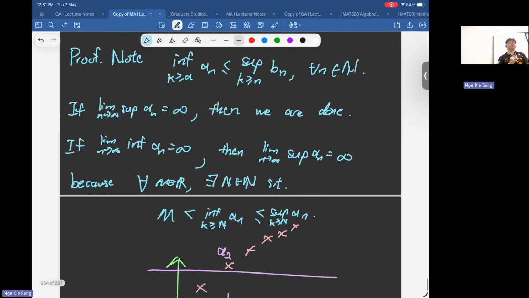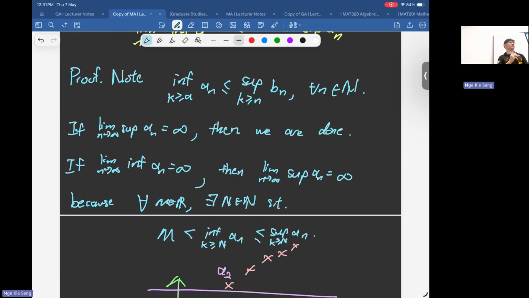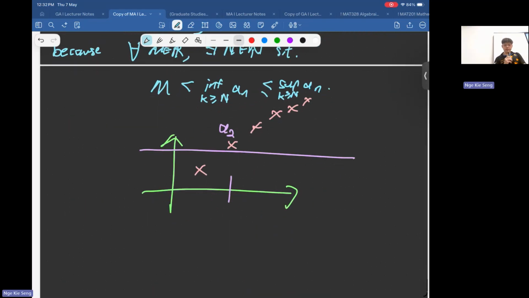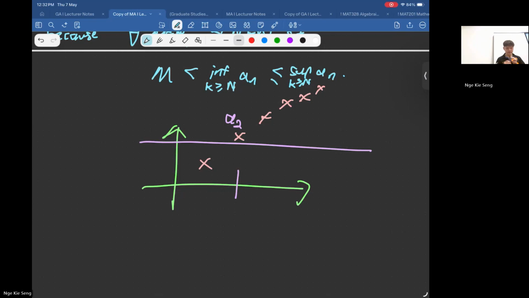In that case, suppose both of them are finite now. Then we'll show that lim inf is less than or equal to lim sup.